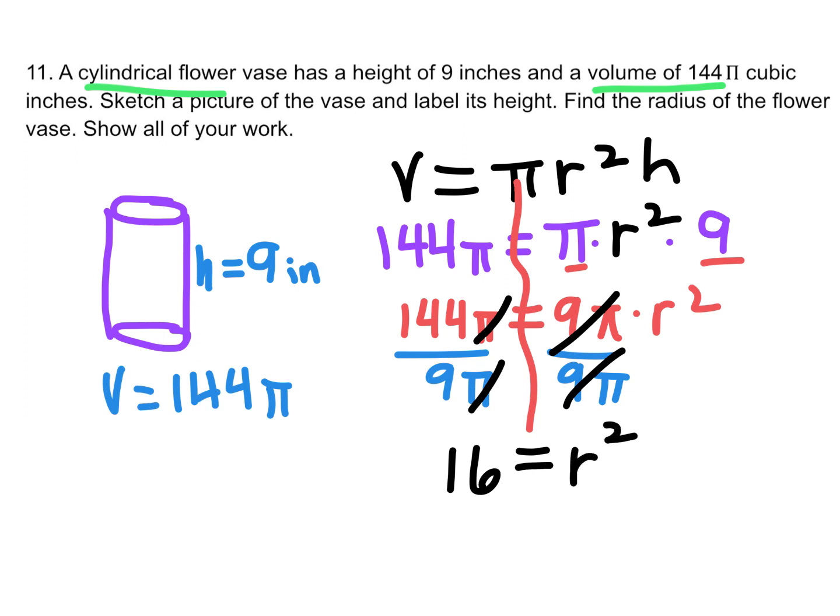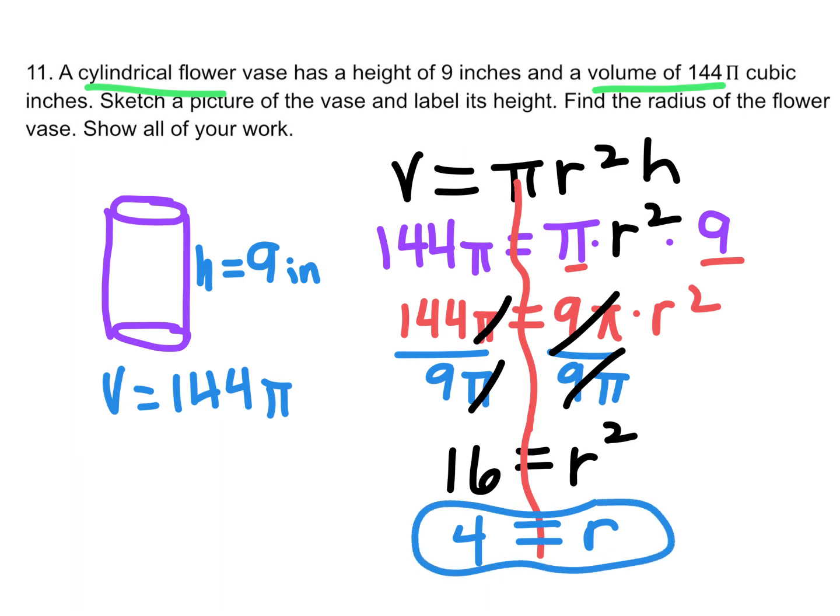Okay, one more step here. So now my r squared is 16. That means what number times itself is 16? And I know in my head that 4 times 4 is 16. So my radius is going to be 4.